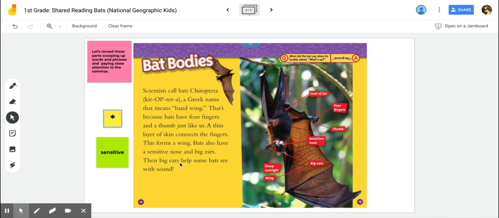Their big ears help some bats see with sound. Look at this bat body, all of these labels. It says sharp eyesight, wing, big ears, sensitive nose. There's its thumb, 4 fingers, and a coat of fur.